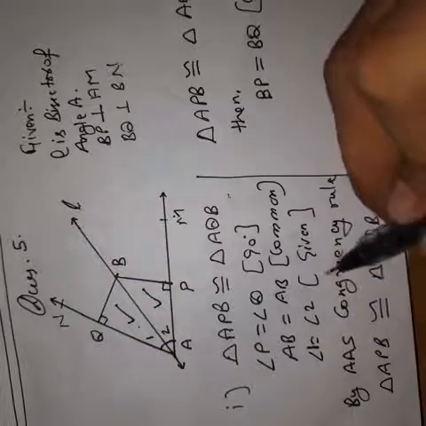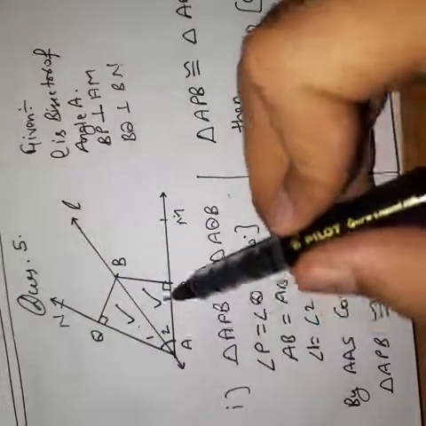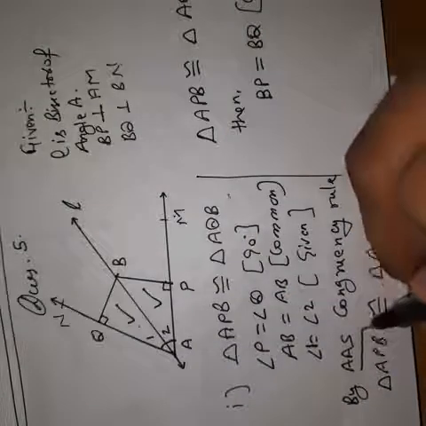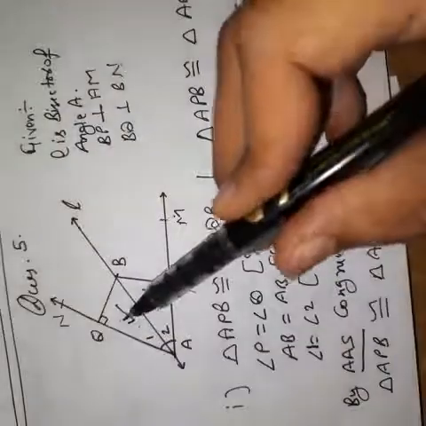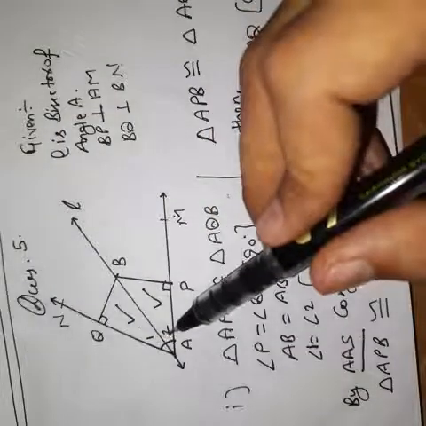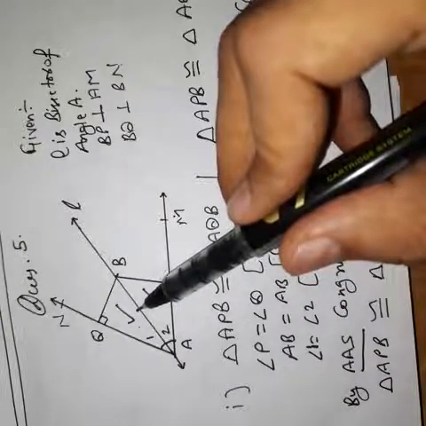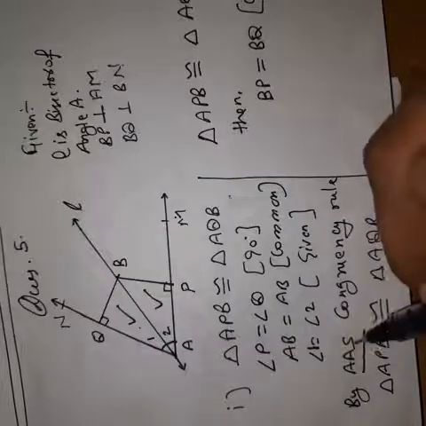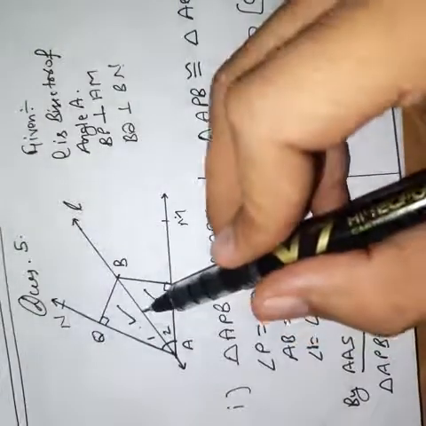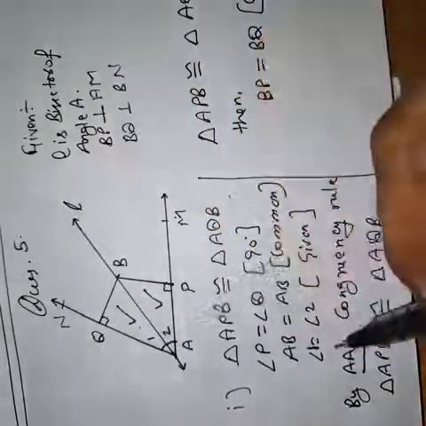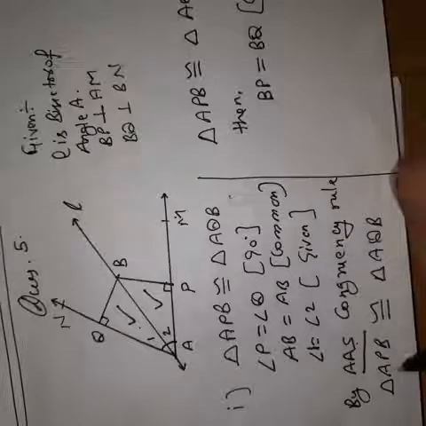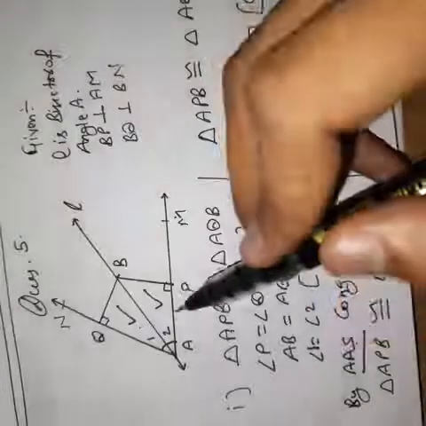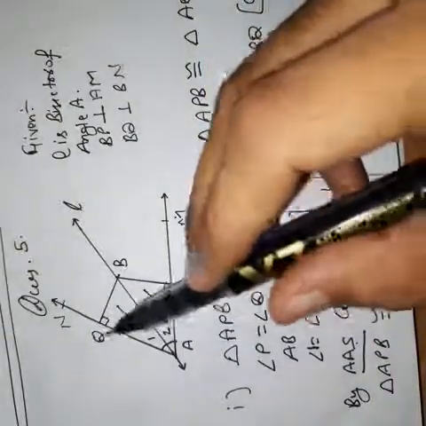So we can say by angle side congruency, this is your third congruency: when in two triangles there are two angles and a third side equal to the corresponding two angles and third side of the other triangle, then by the angle side congruency rule, triangle APB is congruent to triangle AQB.